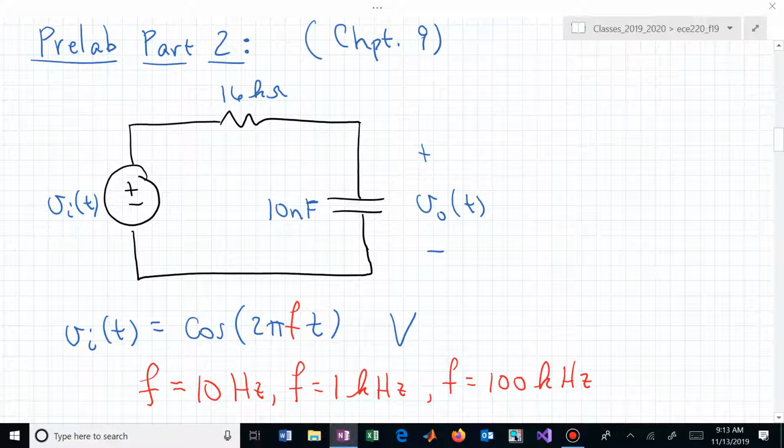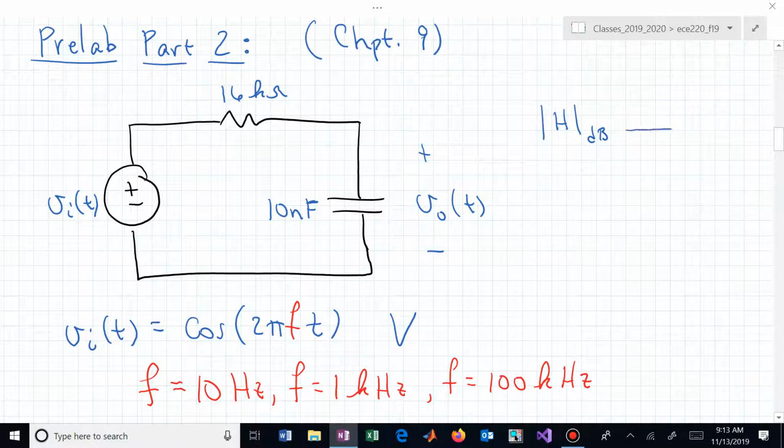You don't really need to know, but you do want to be thinking about what this looks like behavior-wise. I don't even know if I want to draw this, but in 320 you'll start talking about frequency response and Bode plots. That means you're interested in the magnitude of this filter, and that filter will be described by a transfer function.